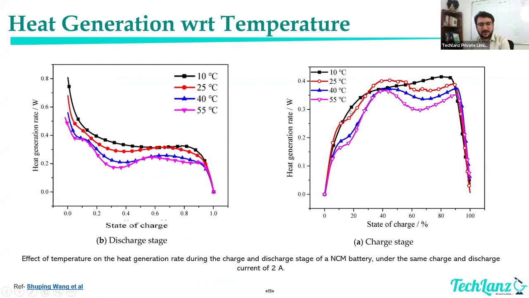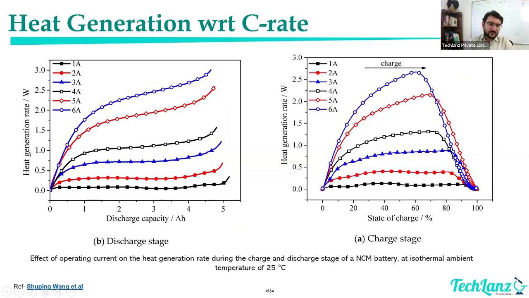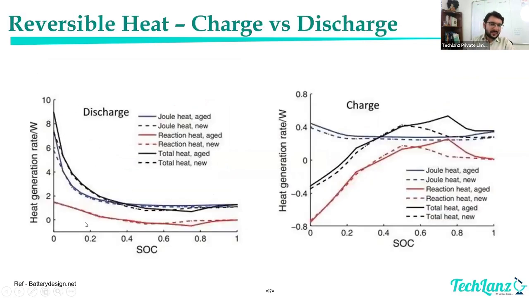Your equation becomes slightly changed, because we talked about entropy change, which is reversible in nature. The direction of the dU/dT changes in the charge state. So let me show you a graph for that first. In the discharge state, the Joule heating and the reaction heat, which is your entropy change, follow the same curve.